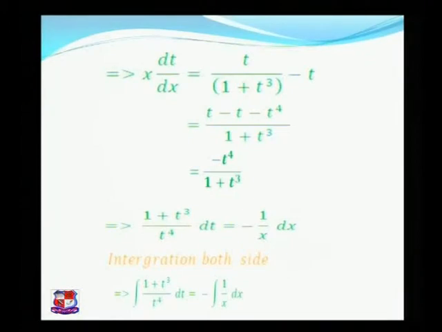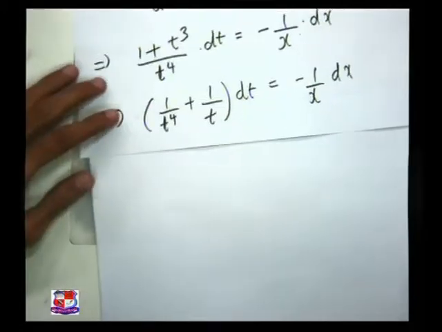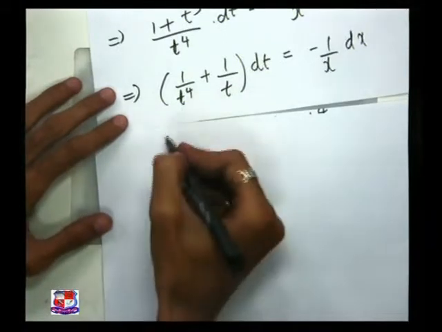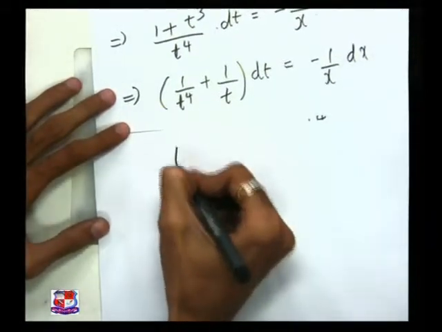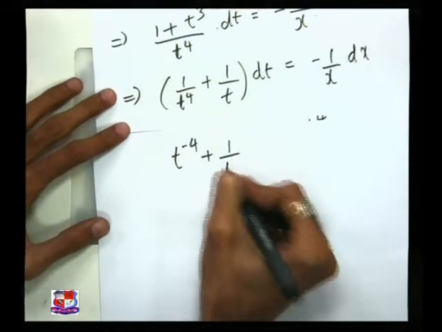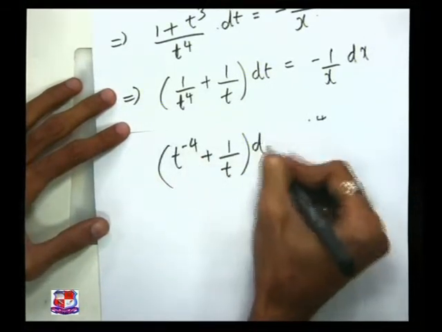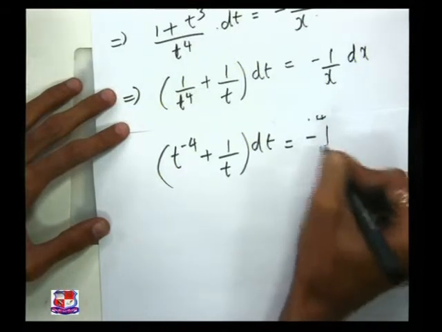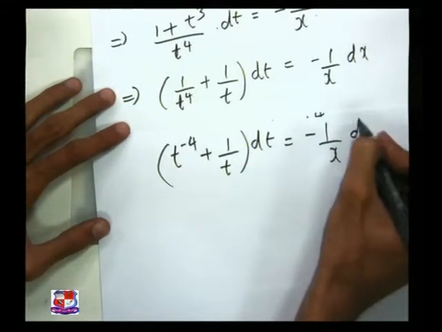And if I simplify this term more, then I will get t raised to minus 4 plus 1 upon t into dt, that is equal to minus 1 upon x dx.